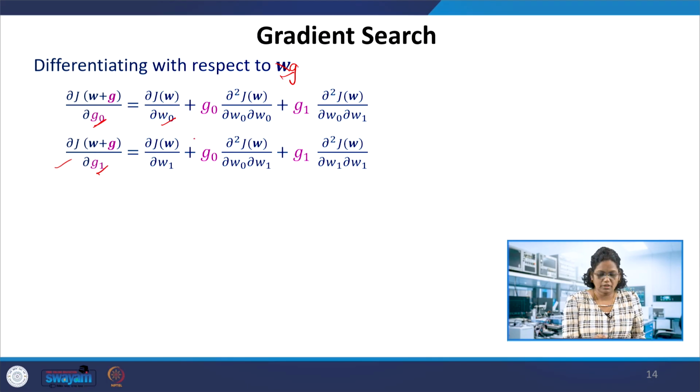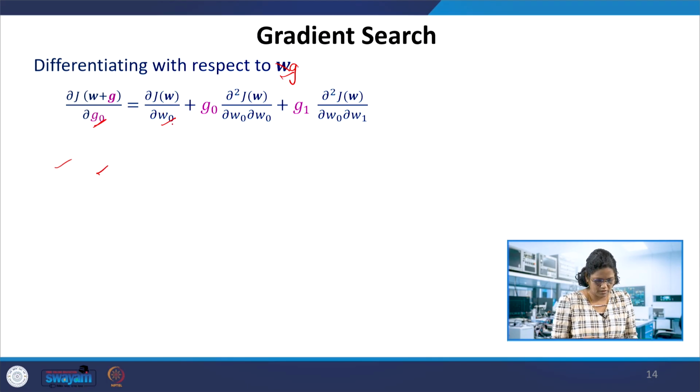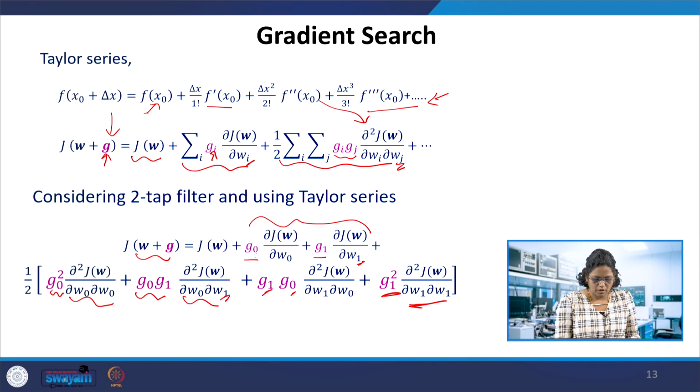With respect to G naught, this term would exist, and this term and this term, and then this won't be there and this won't be there. Similarly, when we differentiate with respect to G1, these two terms will not be there, G1 square, and then this term.